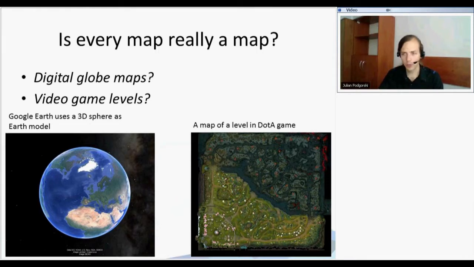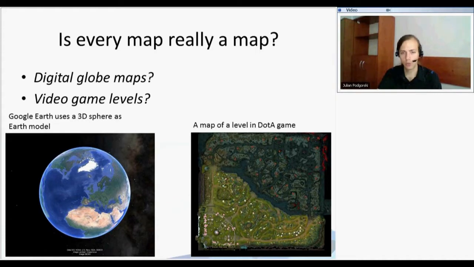The thing that probably is not a map, and I would argue it is not a map actually, are levels and play areas in video games. We're used to saying that there is a map in, I don't know, Counter-Strike or whatever kind of computer game with levels, but there are different maps there. But actually, they are not maps, they're playing levels.